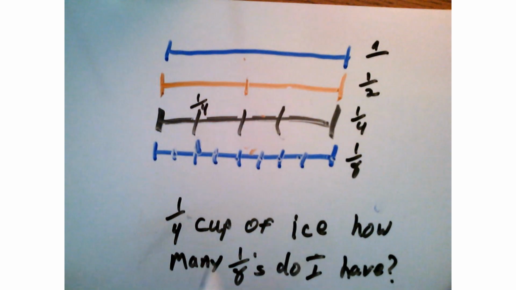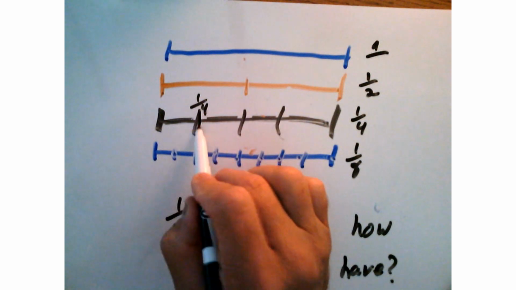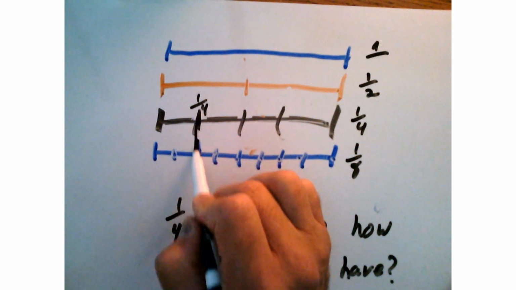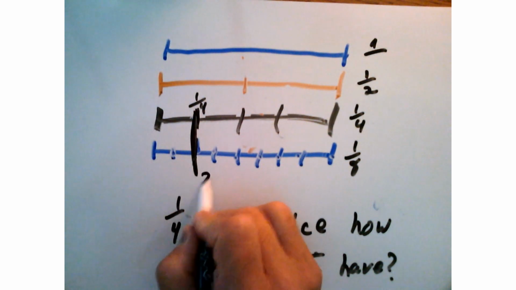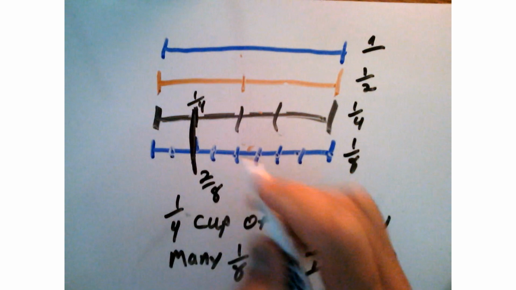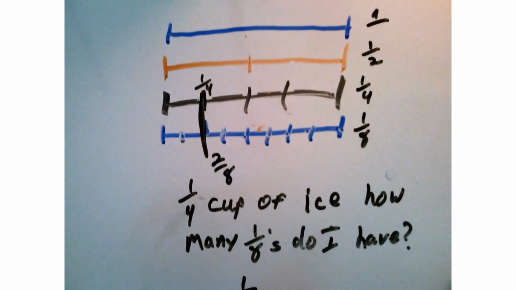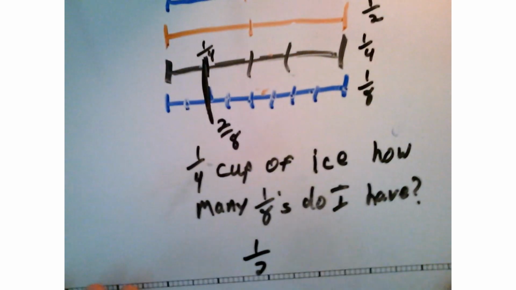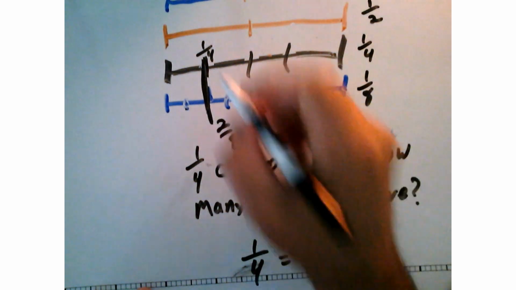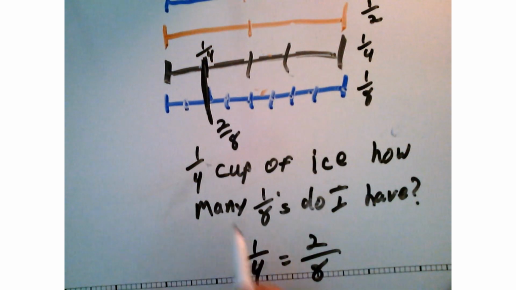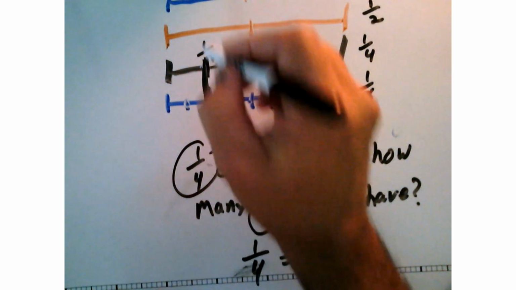Well, you can look up here at your equivalent fractions. See, 1/4 corresponds right here. If I were to draw a line, these are the same, but this is 1/8, 2/8. So the answer would be 2/8. 1/4 equals 2/8. So I can use my number line to make some comparisons between the fractions.